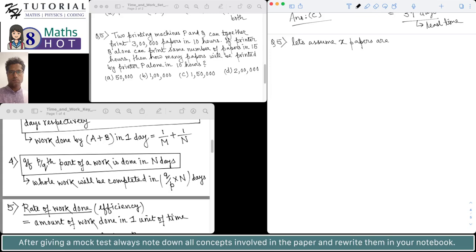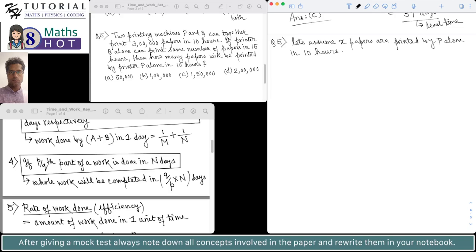So let's assume X papers are printed by P alone in 10 hours. We are assuming this. Okay. The concept is that we know that Q alone can print 3 lakh papers in 15 hours.